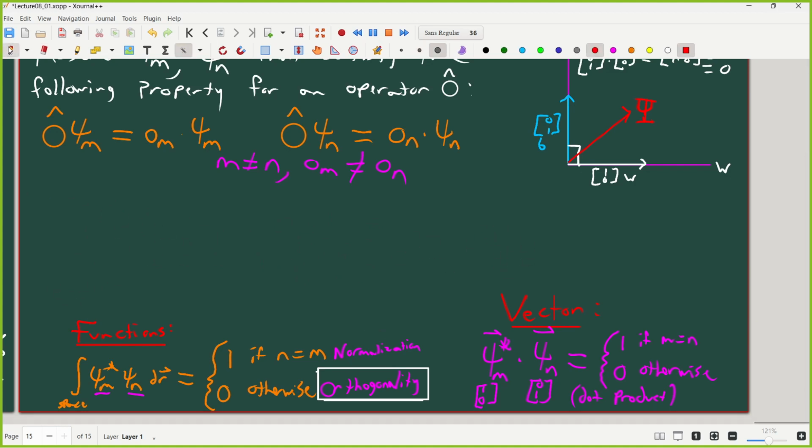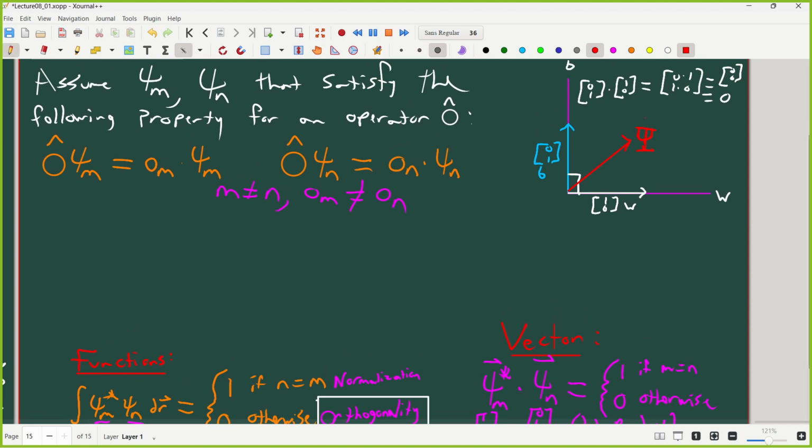Okay, let's look at this example here with my vector psi. I want to ask the question, what's the whiteness and what's the blackness of this electron? The way we're going to write psi is the way we've always written it: CW times a white vector plus CB times a black vector.